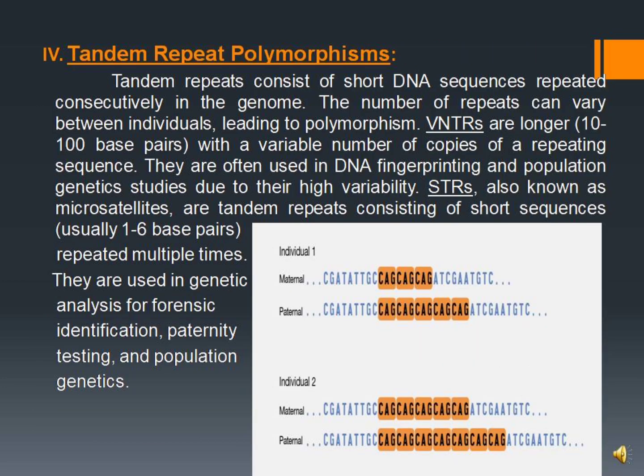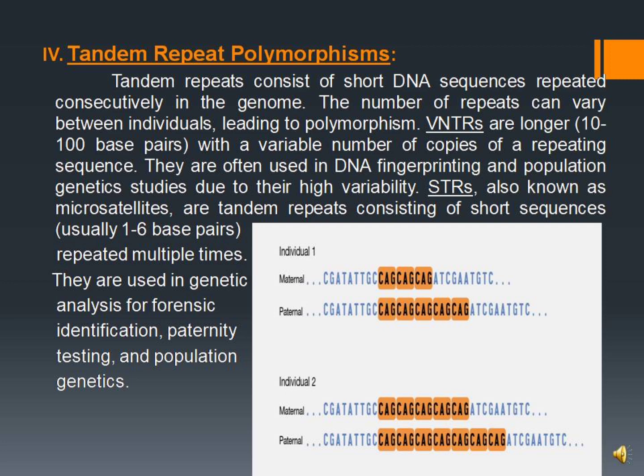Number four, tandem repeat polymorphism. Tandem repeat polymorphism consists of short DNA sequences that are repeated consecutively in the genome.